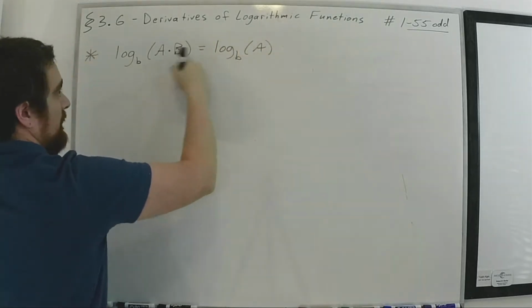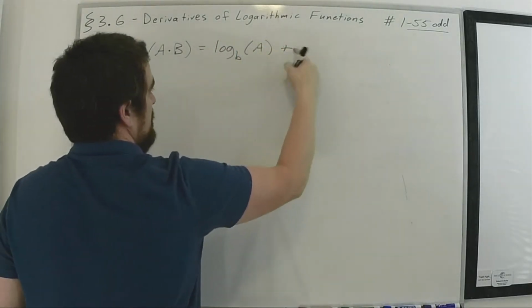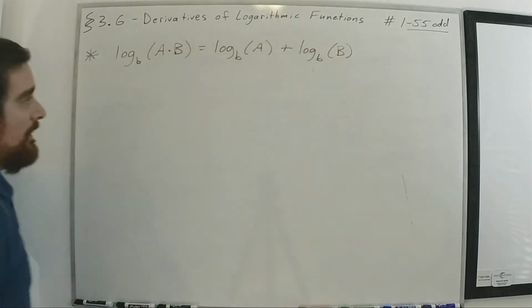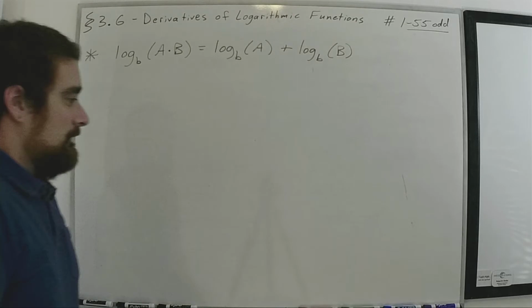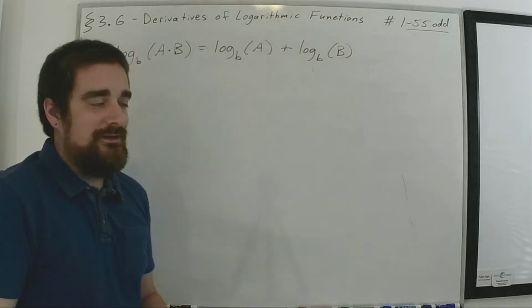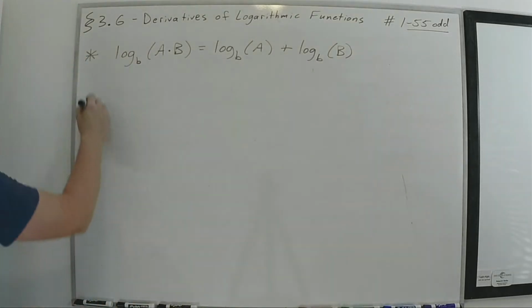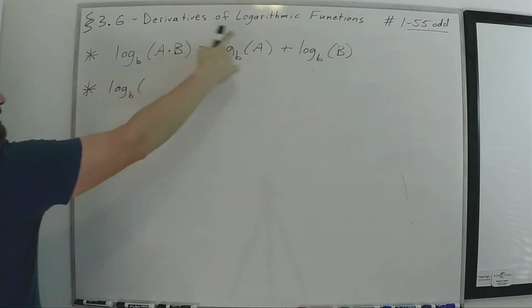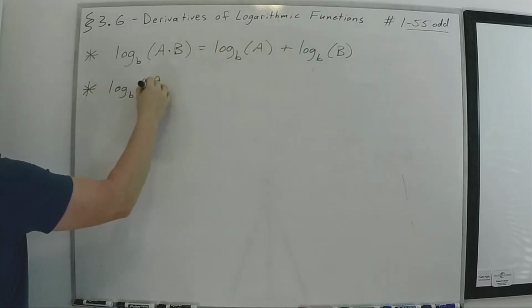If it's multiplication of 2 different arguments inside, then we can break it up. And this works for a log of any base. That's why I'm writing log base b. Like I said, 9 times out of 10 we'll be dealing with the natural log most of the time. If I have multiplication inside, I can break it up with addition of 2 separate logs.